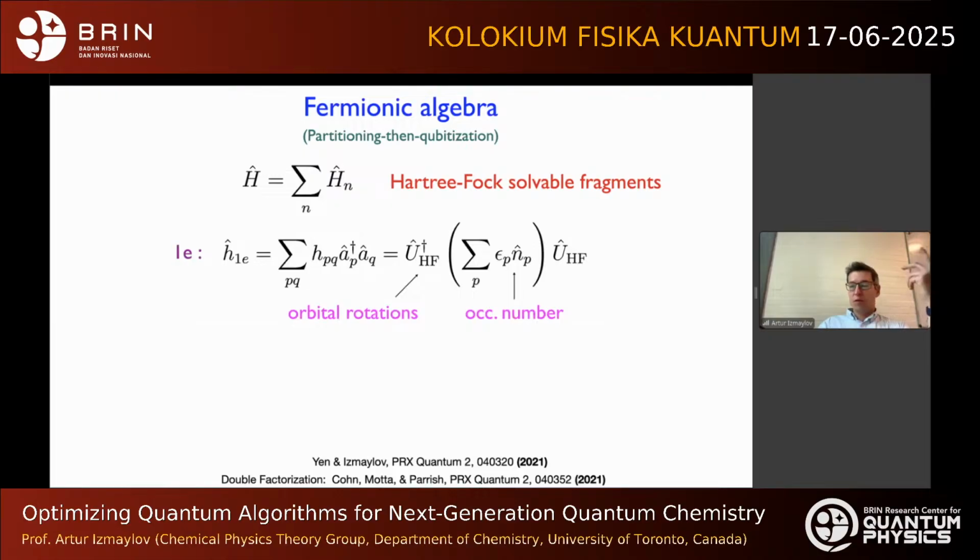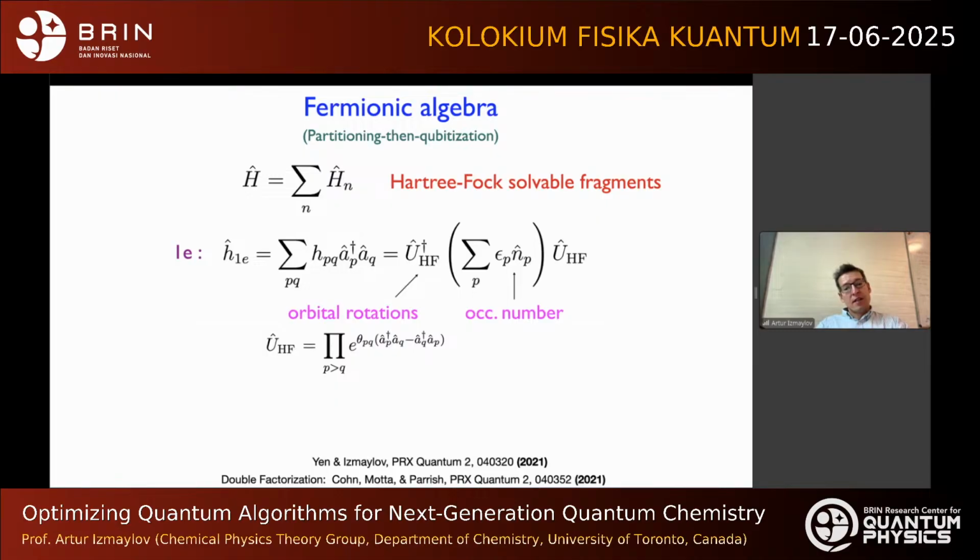A simple solution to this problem, which many people in quantum chemistry know very well, is one-electron Hamiltonians, which with orbital rotations can be turned into just a linear combination of occupation numbers, right? It's a simple transformation. I can go into the details later, but all you need is to diagonalize the h_pq matrix to find this rotation, which is very nice.